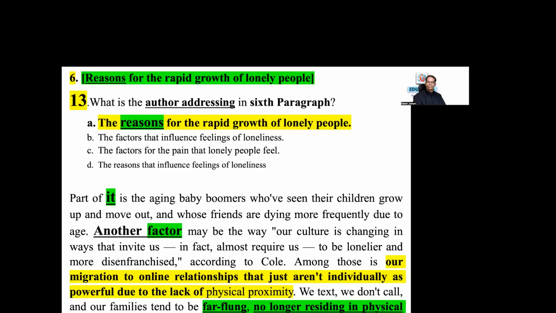Among those is our migration to online relationships that just are not individually as powerful due to the lack of physical proximity. We text, we don't call, and our families tend to be far-flung, no longer residing in physical communities together.